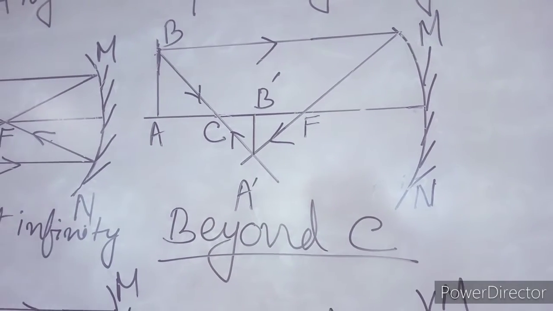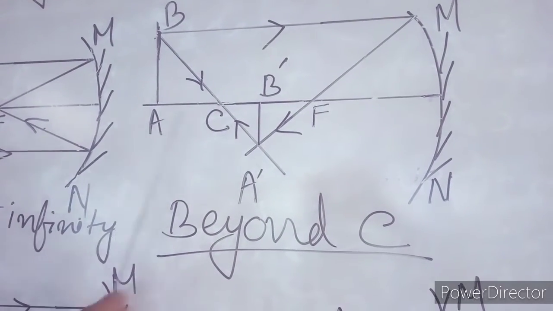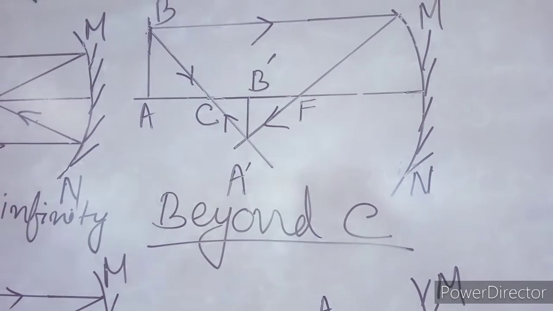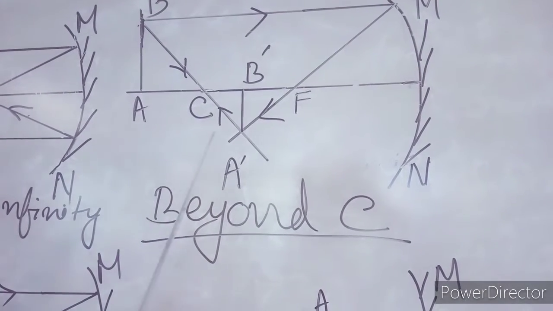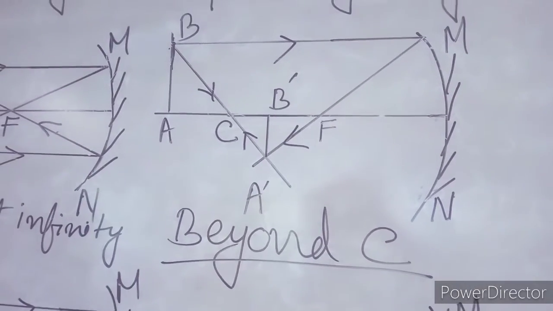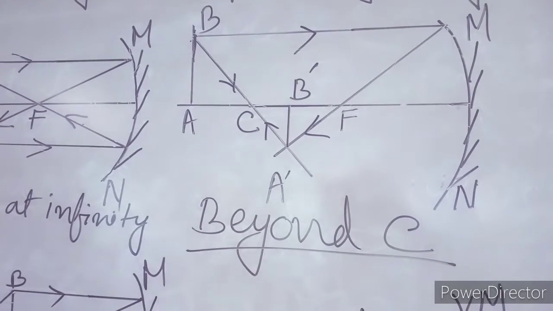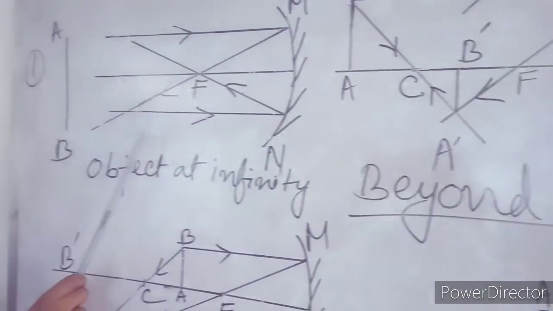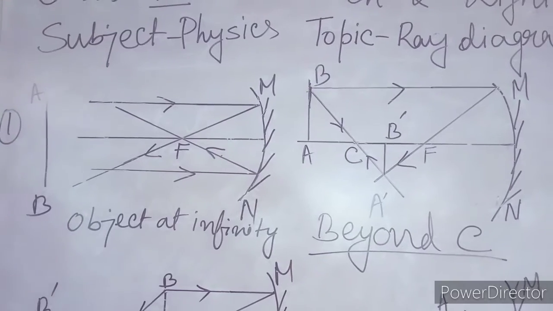It is very clear that the position is in between C and F. When the object is beyond C, the image will be formed in between C and F, and the size of the image is diminished. Then what is the nature of the image? It is inverted and it is real. So one thing I told wrong: in my previous diagram also the image will be inverted. It is not erect, it will be inverted.